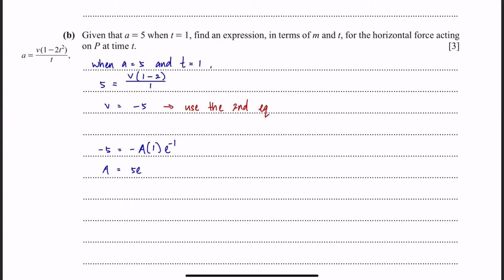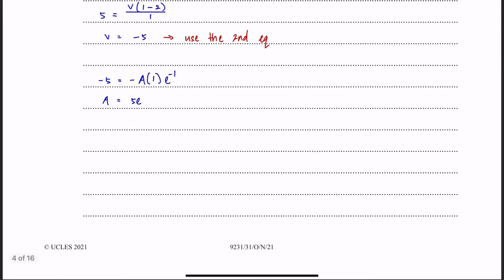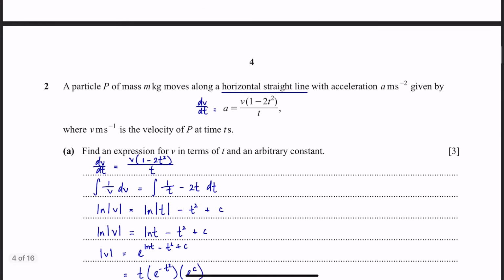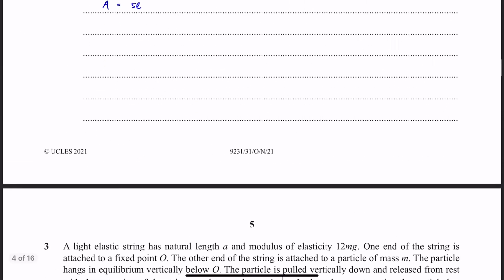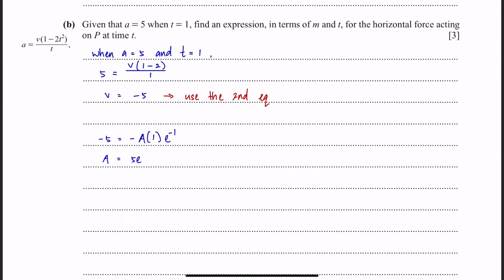And now we can find the horizontal force. So F equals ma, and a would be this value over here. So we have F equals m times a, which is v times 1 minus 2t squared over t.